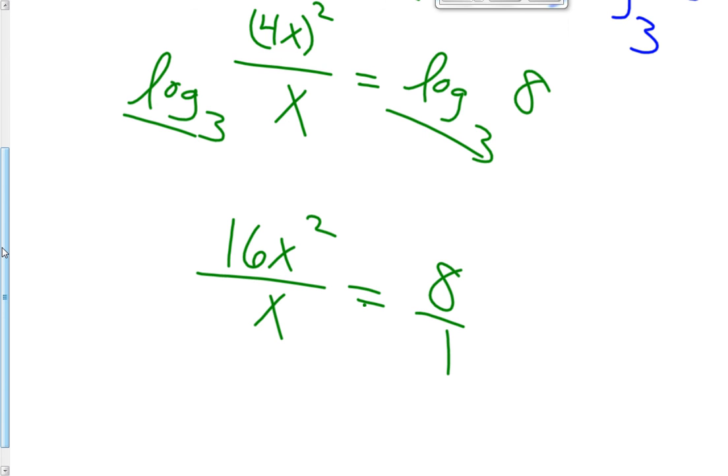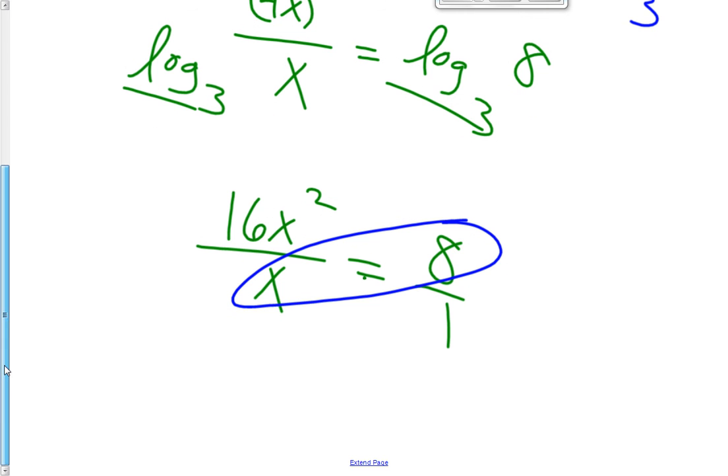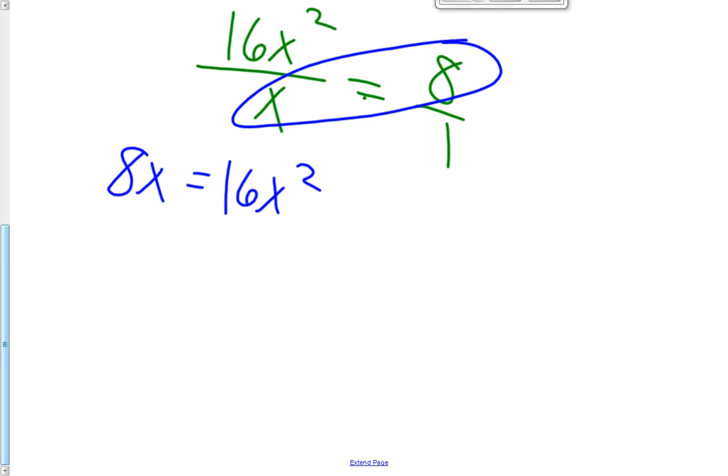Cross multiply to solve for x. 8x equals 16x squared. So now I'm going to subtract 8x, so I'll get a 0 over here, and 16x squared minus 8x equals that 0.